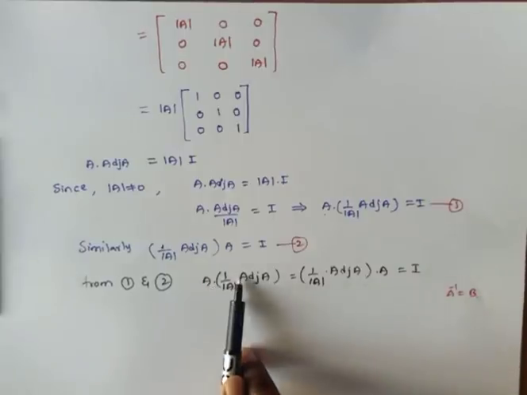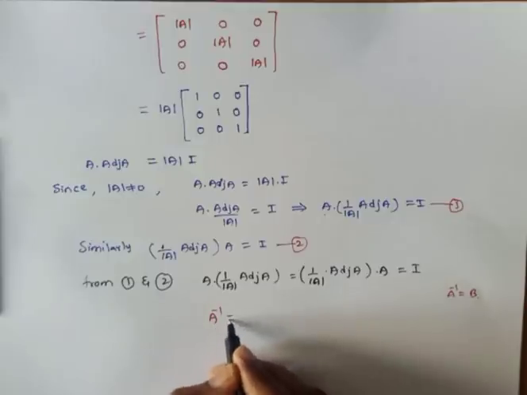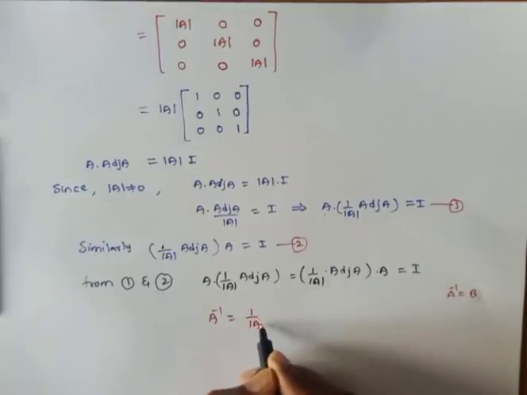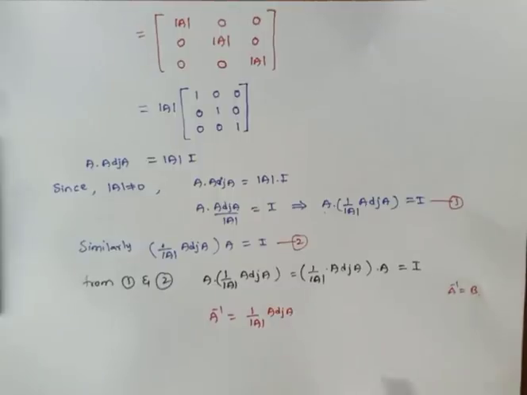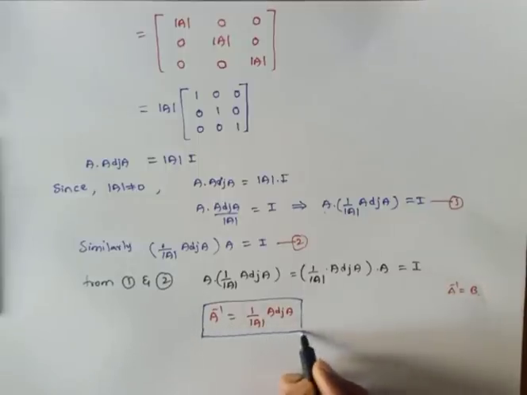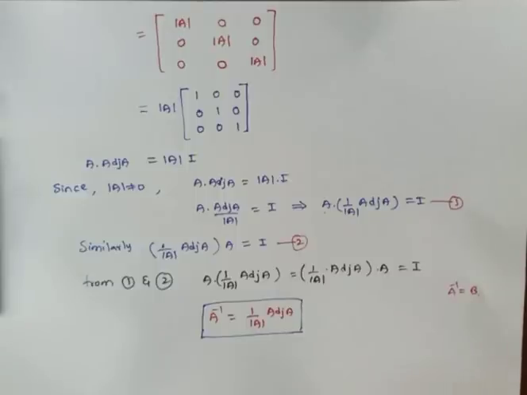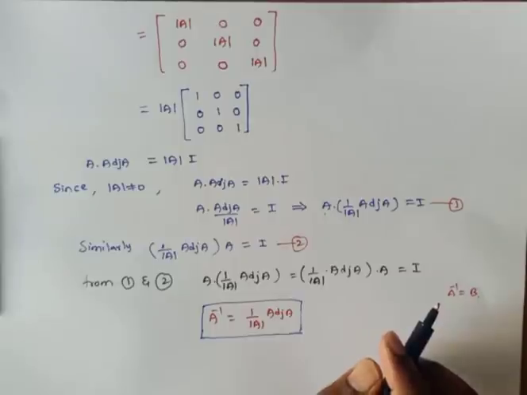So here this is A and this is B, therefore A inverse can be written as B. Here we can express this as A inverse is equal to 1 by det A into adjoint of A. Since it is in the form of A into B equals B into A equals I, for any two matrices A and B, we can simply express it as A inverse equals 1 by det A into adjoint A.